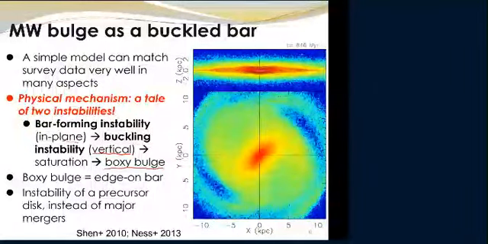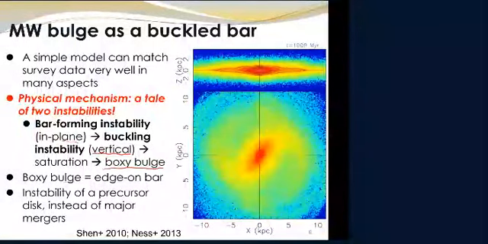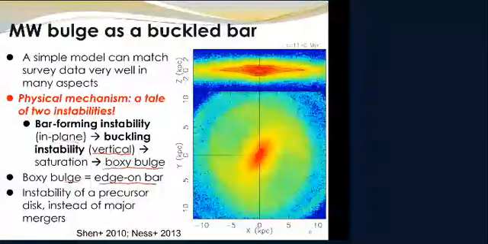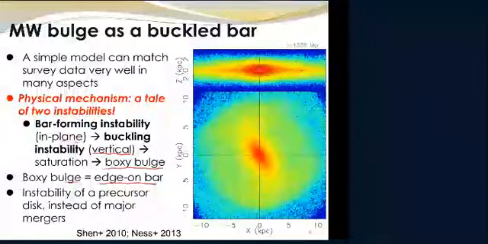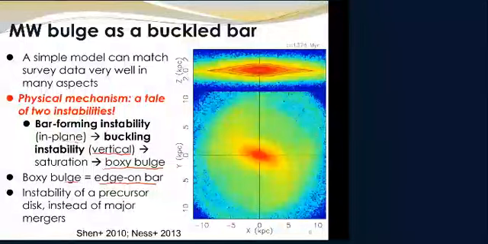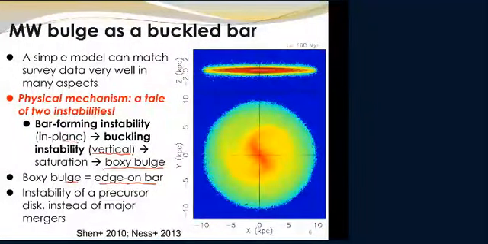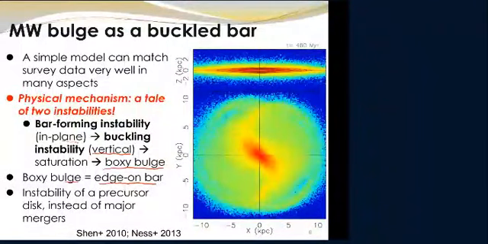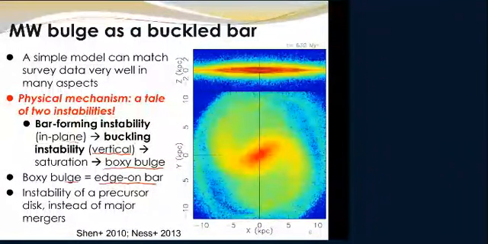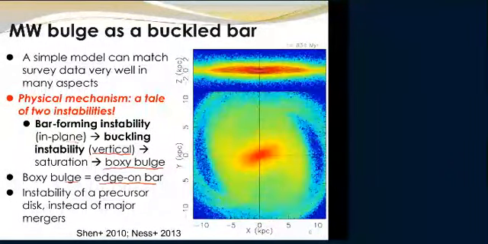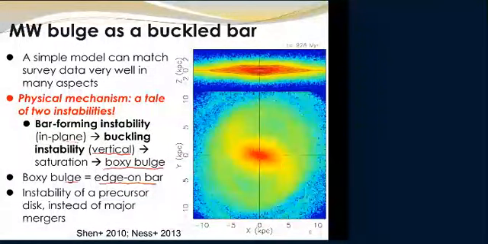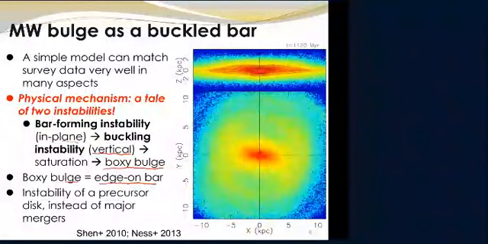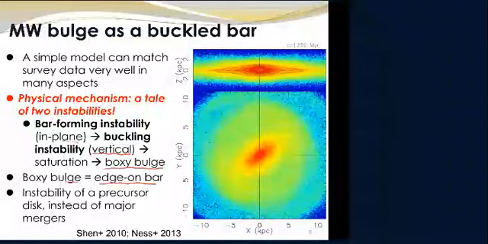We argue that this boxy bulge is just the edge-on view of the bar. So the bottom line is that the bulge is made in an instability of a precursor disk, instead of previous major mergers, as most people believe for classical bulge formation.